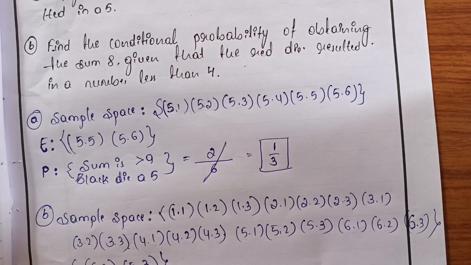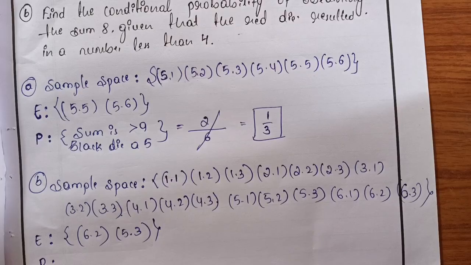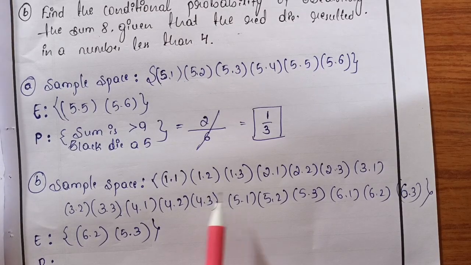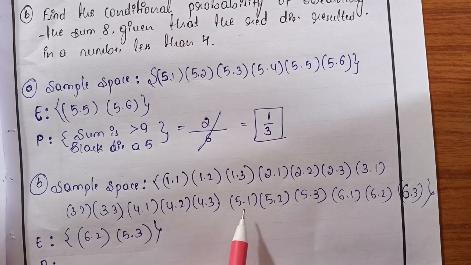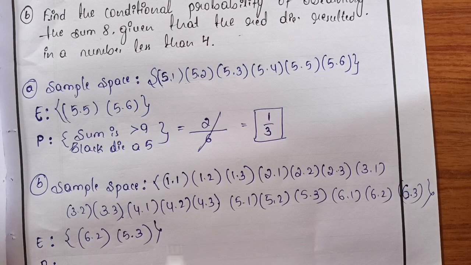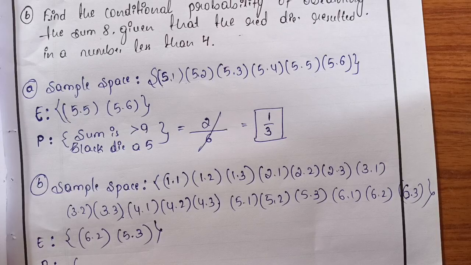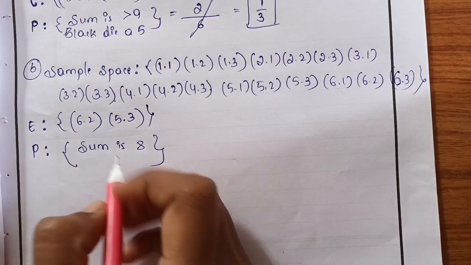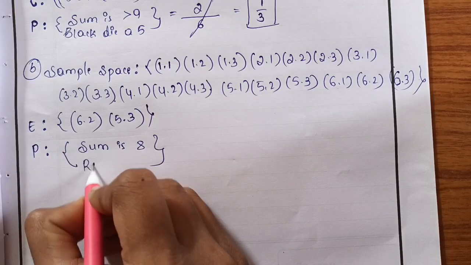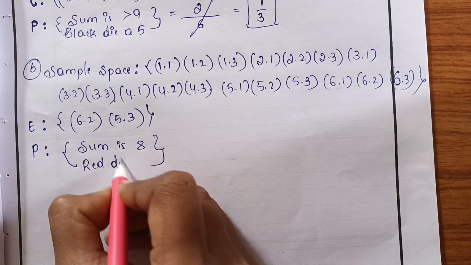And probability of, there are only two events, 6 comma 2 and 5 comma 3. So the probability is the conditional probability: the sum is 8, and the red die must be less than 4.